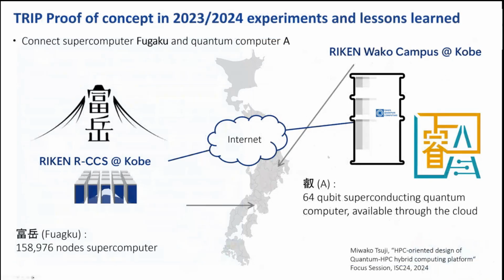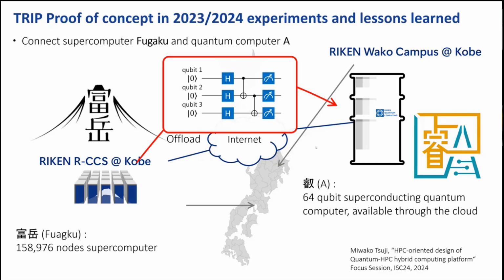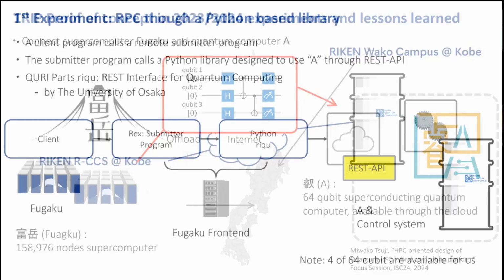Before we started our project, we performed a proof-of-concept experiment to connect Fugaku and a superconducting quantum computer through an internet service and REST API. At that time, we just submitted a very simple quantum circuit from the supercomputer to the quantum computer, to confirm that we can submit quantum algorithms directly from a supercomputer.